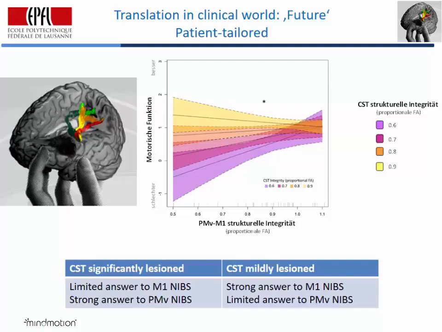And you would expect a rather limited response to ventral premotor stimulation. However, for these patients here in pink, we know that they don't respond very well to primary motor cortex stimulation, and we would predict that they might respond much better to PMV.